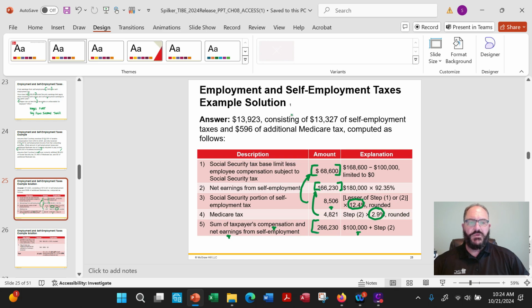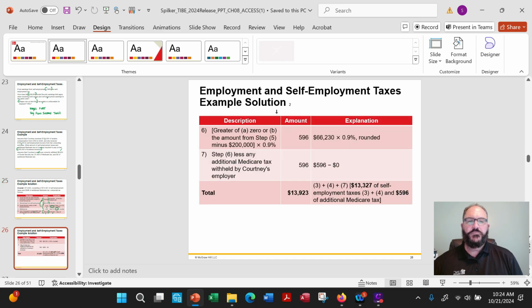This is their total amount. Then we take the greater of 0 or this amount minus $200,000, times 9%. That's 66,230 times 9%, the amount over $200,000.